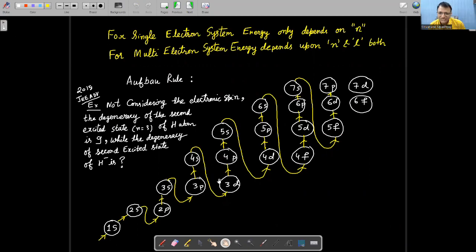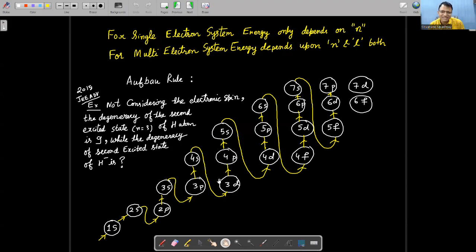If it is a single electron system, then the energy only depends on the principal quantum number, because in Bohr's theory, energy is equal to minus 13.6 Z square upon n square electron volt per atom. For a single electron system, it only depends on the principal quantum number. So if I am asking what is the degeneracy of the third orbit in a single electron system: in the third orbit, all the orbitals have the same energy.